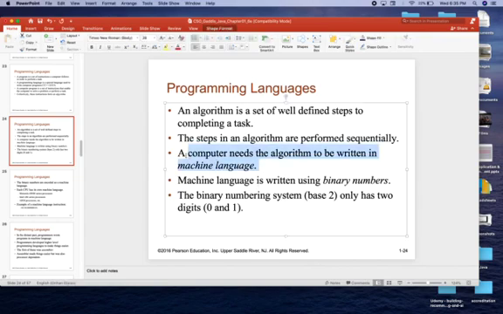Now, when you write any software, your source code needs to be translated into machine language, which is most of the time or all the time zeros and ones.